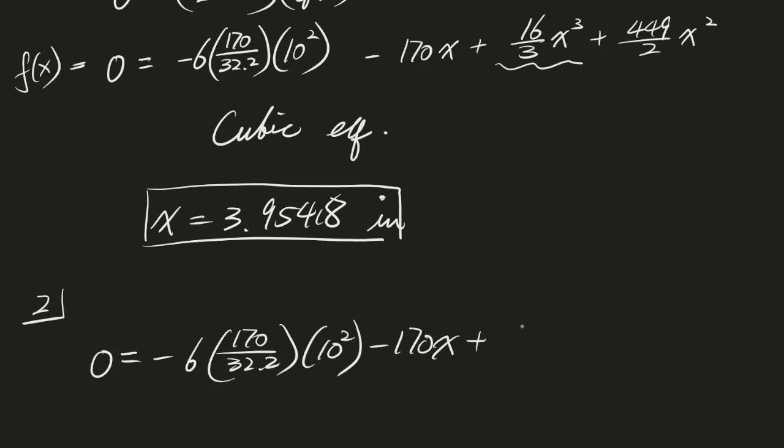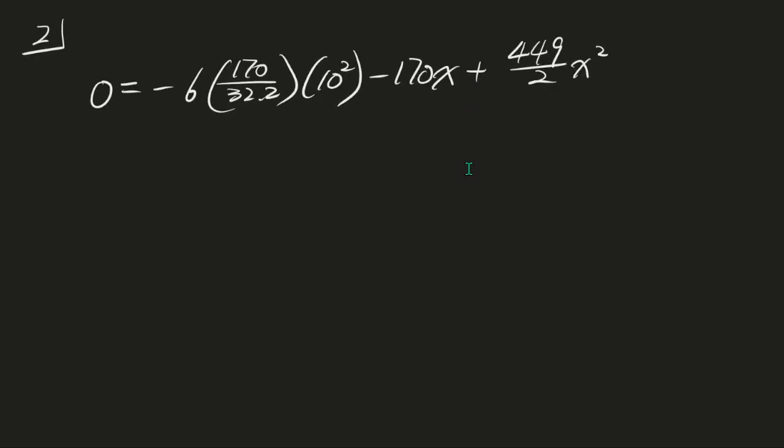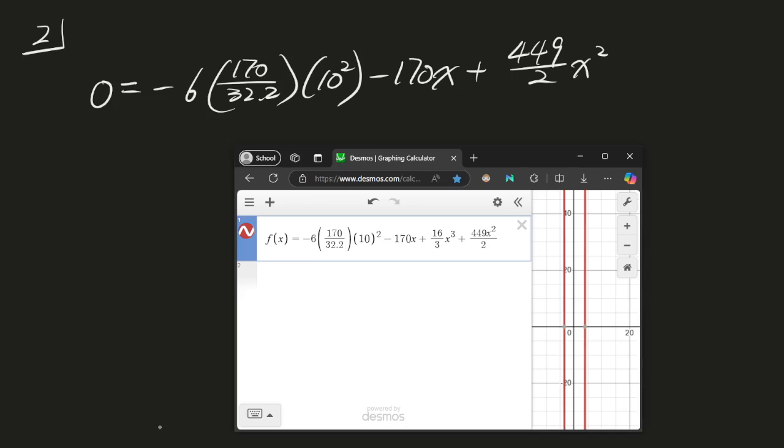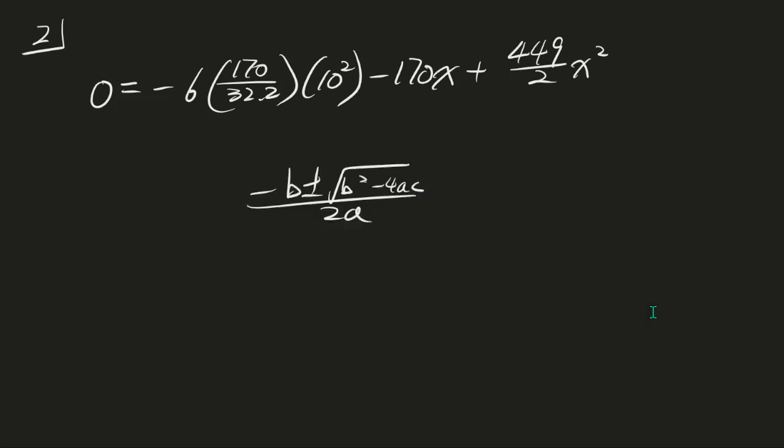But this time I don't want the x cubed term. I would just plus 449 over 2 x squared.